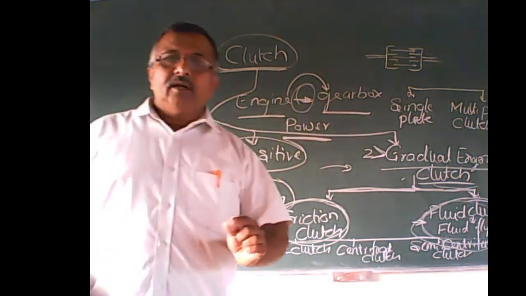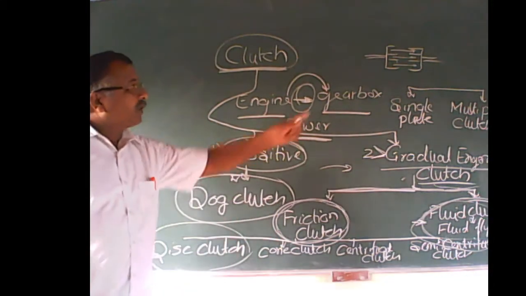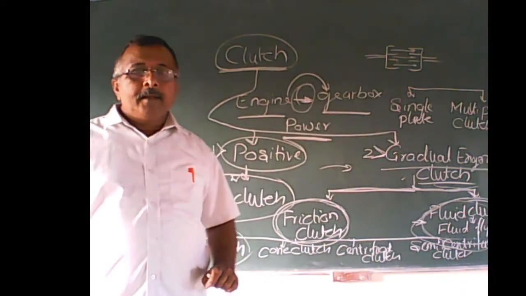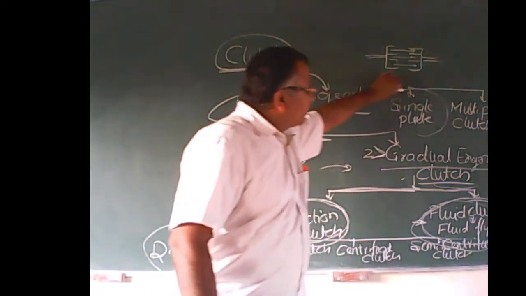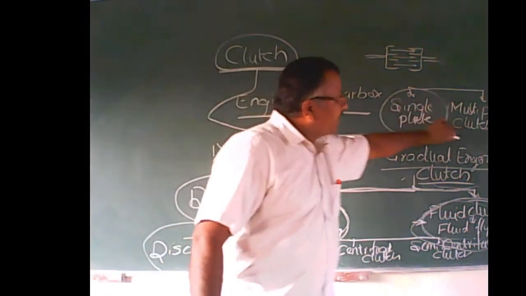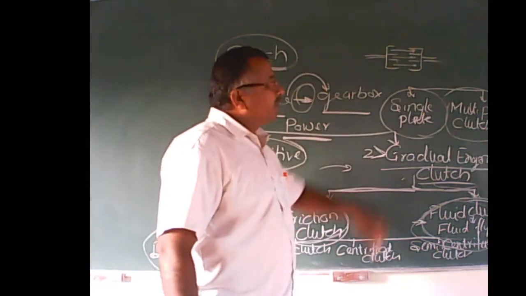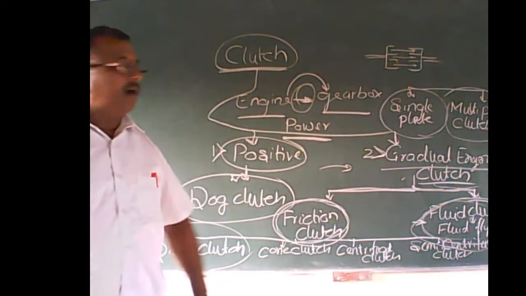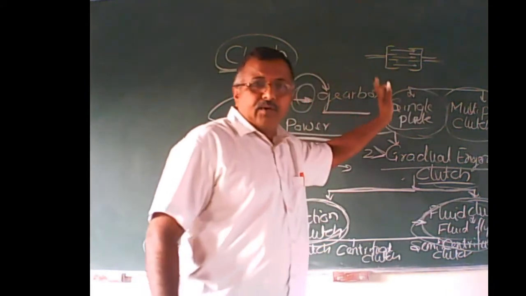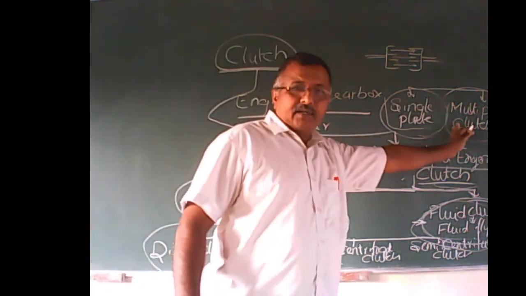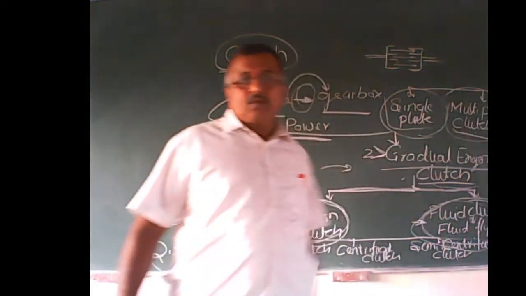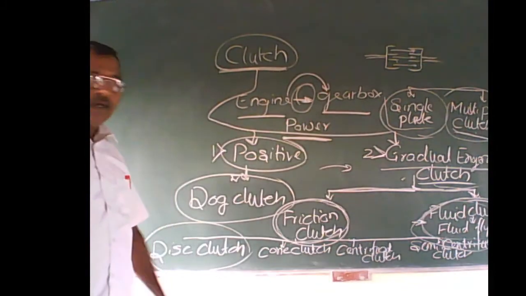In the disc clutch, we are using two types: single plate clutch and multi-plate clutch. Single plate clutch requires more space, and multi-plate clutch requires less space for the same contacting area. Single plate clutch is normally used in heavy duty vehicles, and multi-plate clutches are used in light motor vehicles, motorcycles and scooters, where space is less.